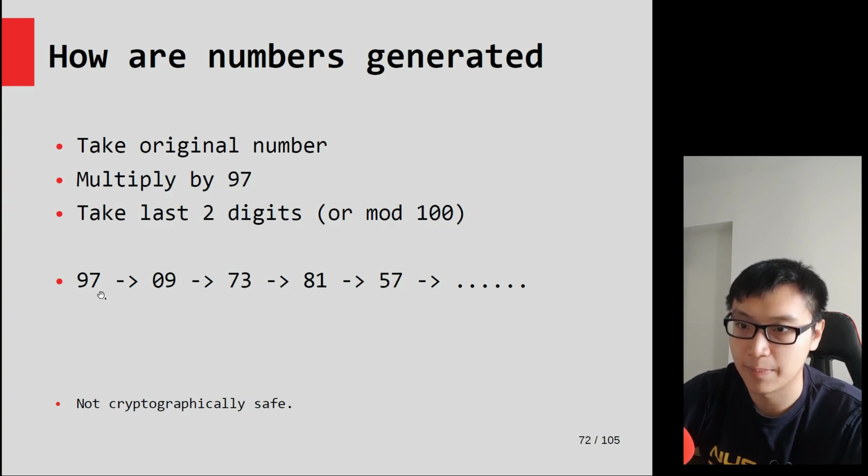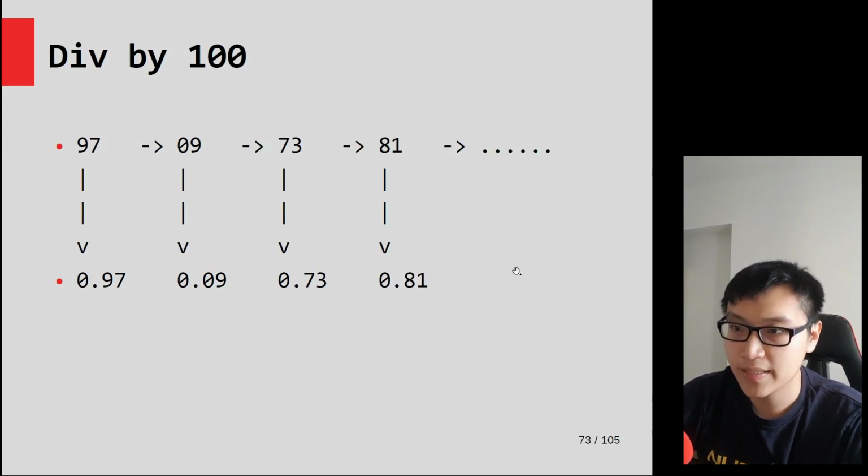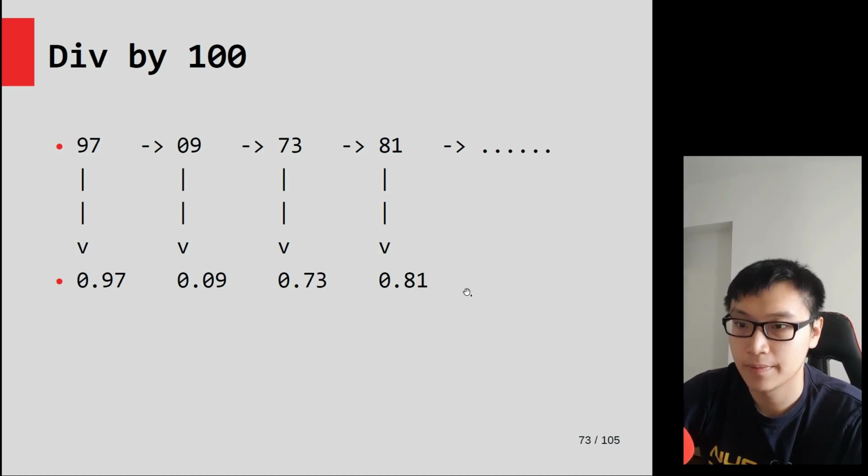So 97 times 97 gives me something that ends with 09. 09 times 97 gives me something that ends with 73, times 97 gives me 81, etc., etc. If you want, you can take out your calculators and verify these numbers. And with this chain of numbers, I can divide by 100 to get me these decimal numbers. And these would be my random numbers.